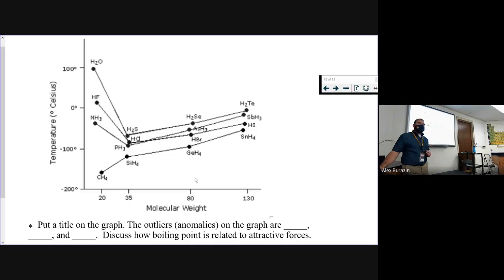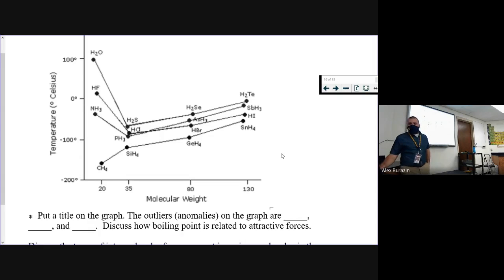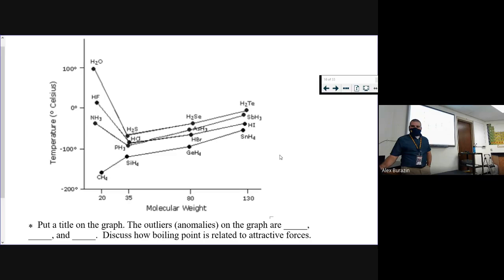Maybe. How do you want to title it? Dependent versus independent. That's the foolproof way of titling your graph. Okay, here's another issue. What's dependent and what's independent?